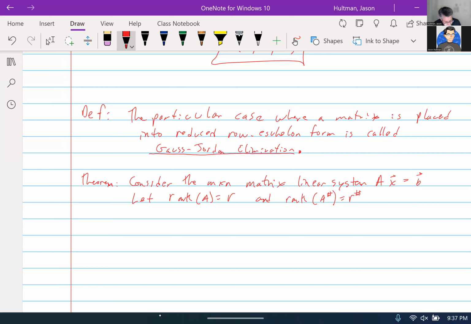I guess I should say A pound and R pound, where A is the coefficient matrix and A pound, or A number sign, is the augmented matrix.